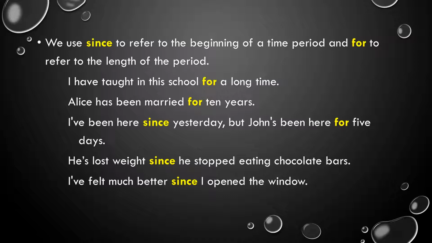But John has been here for 5 days. Do you know when he came here? Is it specified here? No, it's not specified. We don't know that. It's not expressed in the sentence. You only know that he has been here for 5 days, and 5 days is the duration of the action.